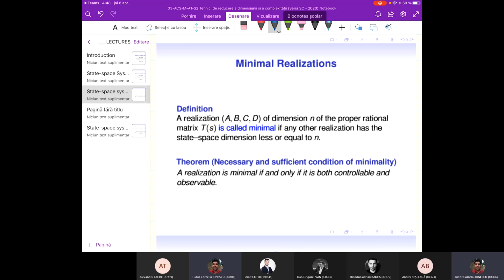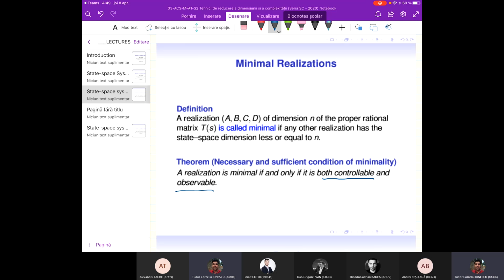And a necessary and sufficient condition, and this is the crucial result, is that a realization is minimal if and only if it is both controllable and observable. That's the answer. This is the key to everything.